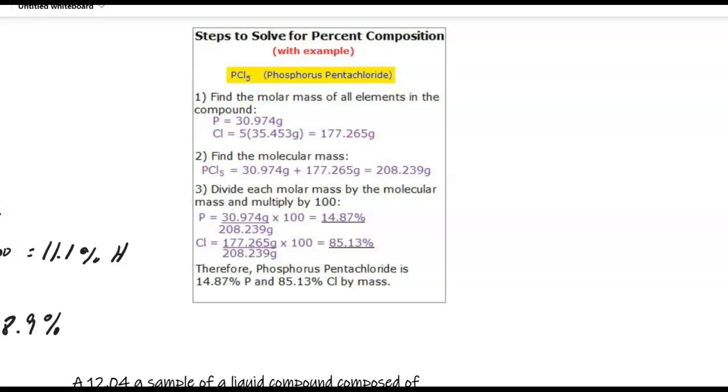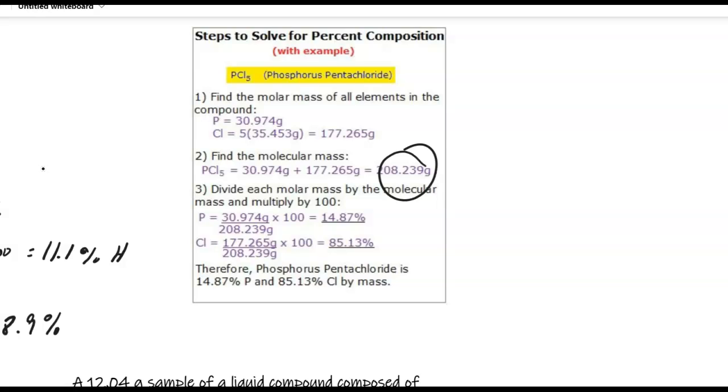Just look at your periodic table. 5 times 35.453 grams of chlorine multiplies out to 177.265. Adding those together, you've got a molecular mass of 208.239 grams.